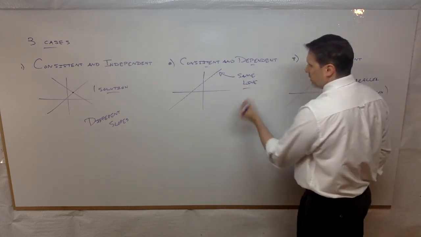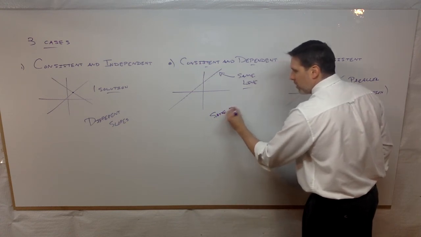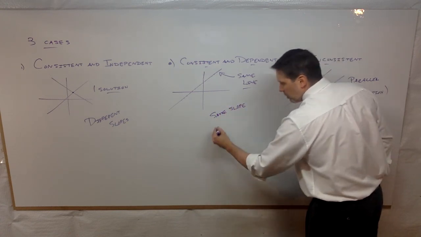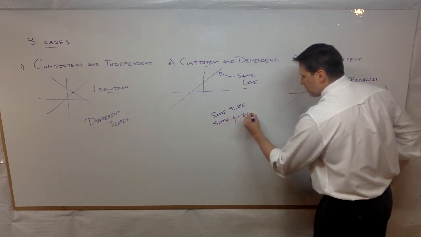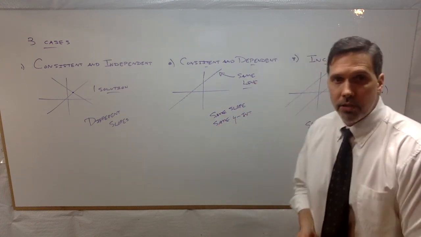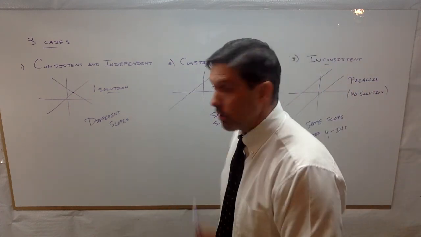And this, literally, is the same line. So you would have the same slope, but careful, they're not parallel. Same slope, they have the same y-intercept as well, which means they're the exact same line. So know the difference between these because they do ask you to classify these systems, and these are the classifications.